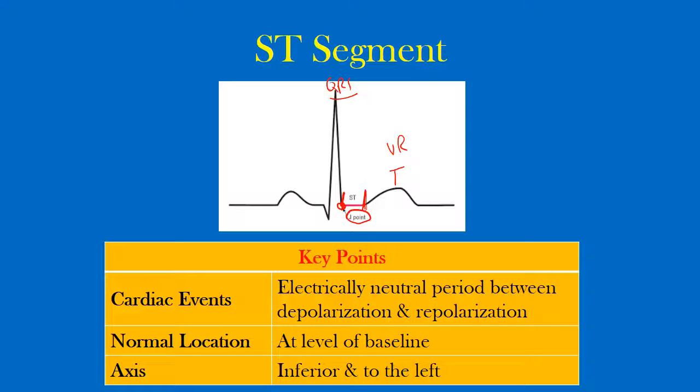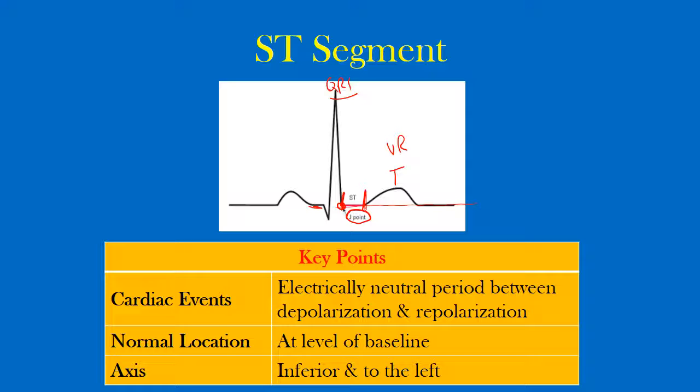So just as our PR segment, which was here, the ST segment is found normally at the level of the baseline, our baseline here. However, there can be some normal variation of up to 1 millimeter from baseline in the limb leads and up to 3 millimeters in the right precordial leads, that's V1 and V2. And this can be caused by left ventricular hypertrophy or early repolarization patterns.